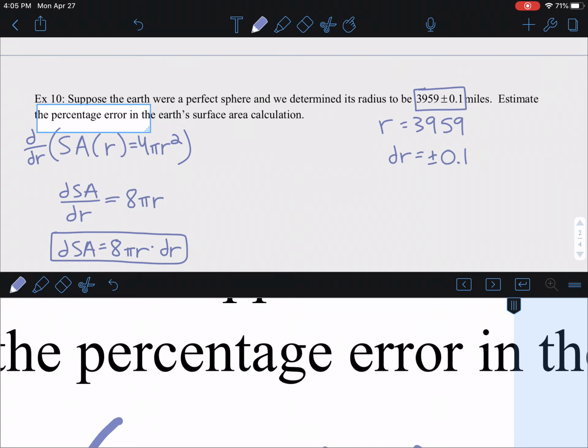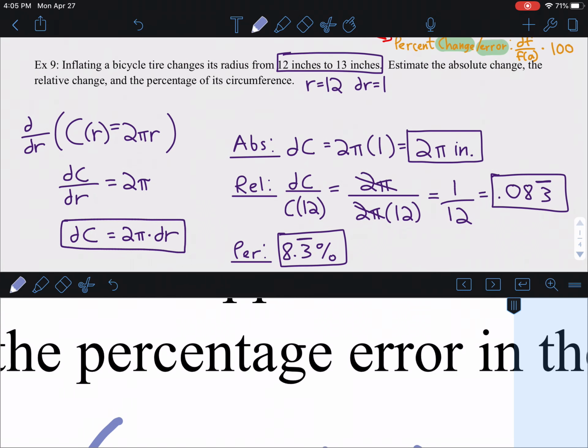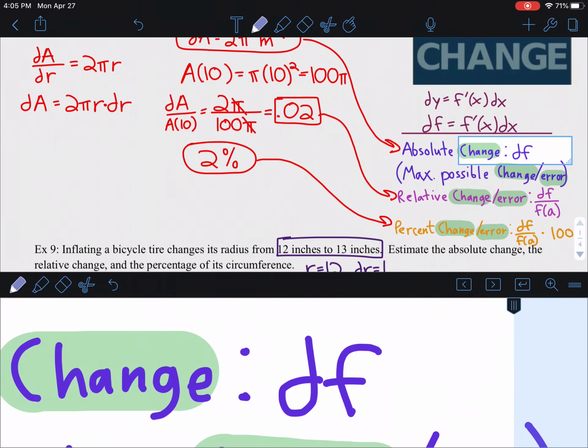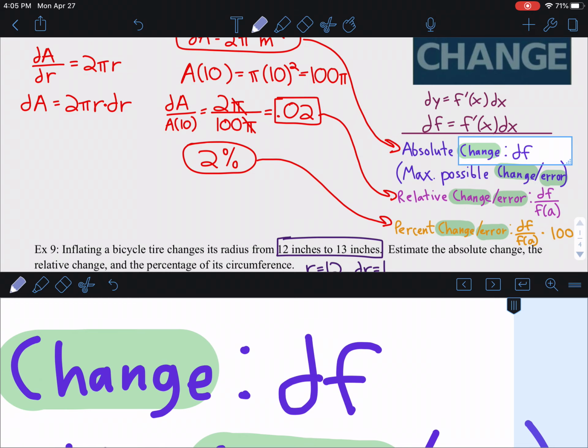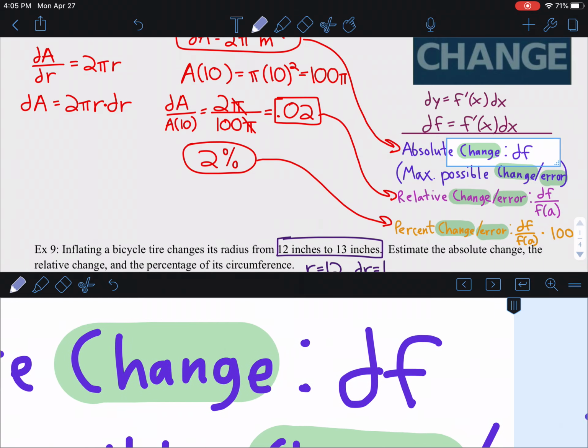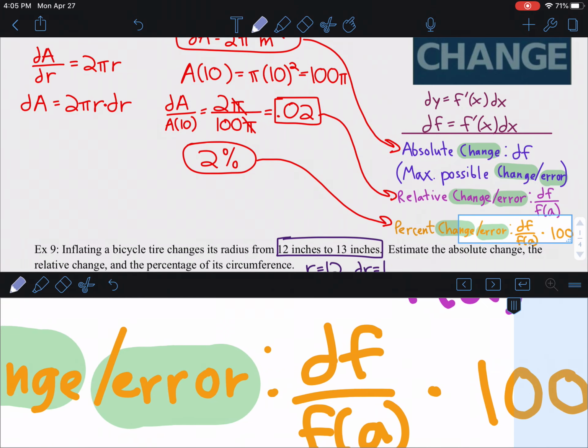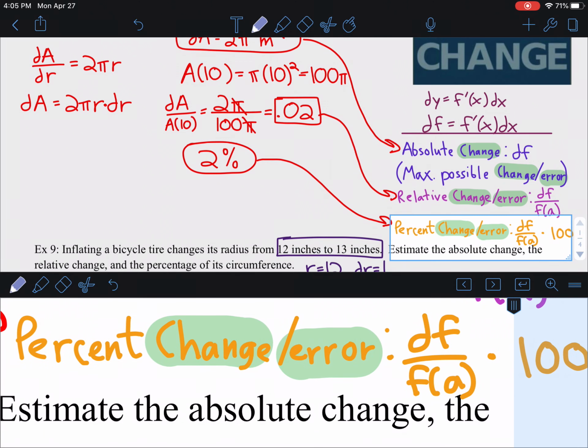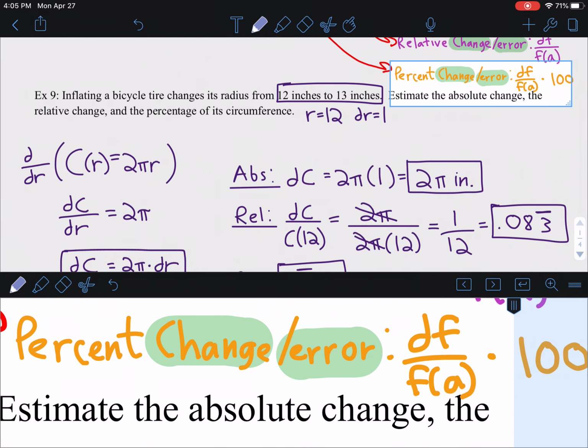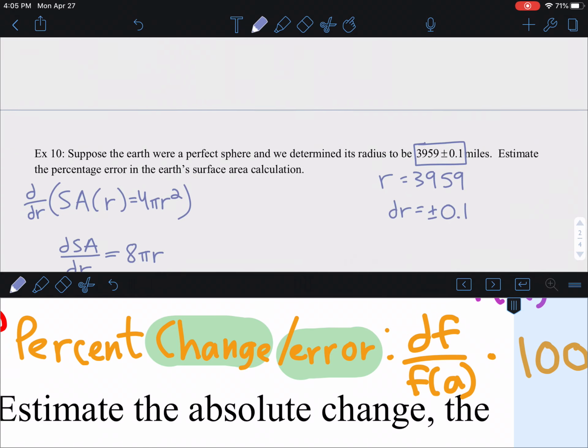Here's the other thing, by the way. We don't have to actually separately calculate the differential for the output or my absolute change. I can calculate this in the process of just calculating the percent change, which is all our question is asking us to do.